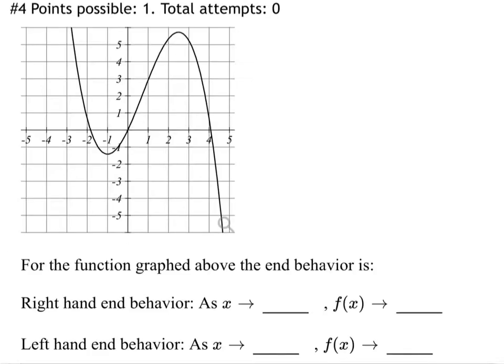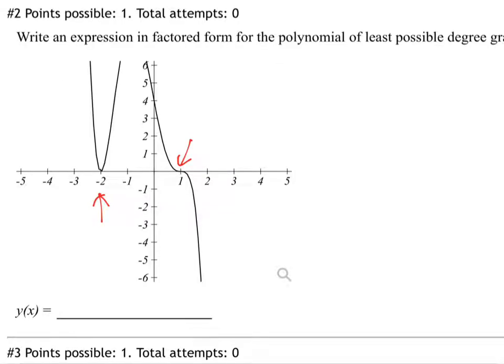All right, let's go back to it then. So with that in mind, on number 2, let's try to write our function. It's going to be y equals a times x, and remember, we put the opposite.